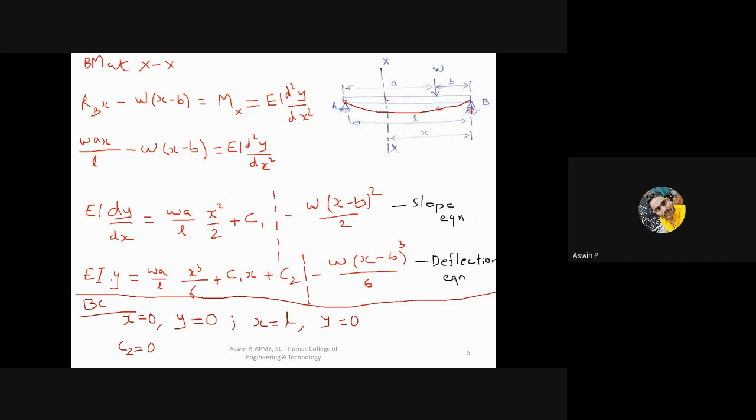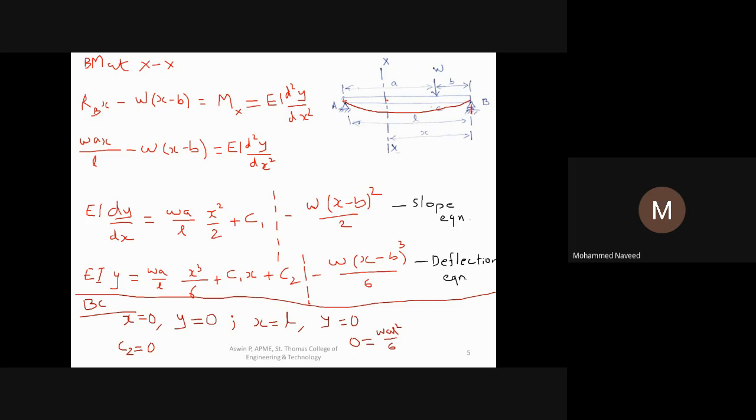In such a situation, if you put 0 on the left hand side, this will be L cube. Here L cube comes, and L is below, cancel it, and finally that will be W A L square divided by 6. Isn't that not enough, sir?